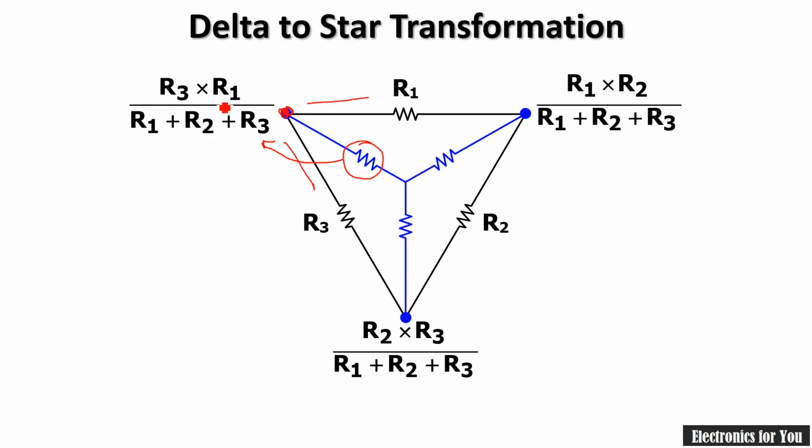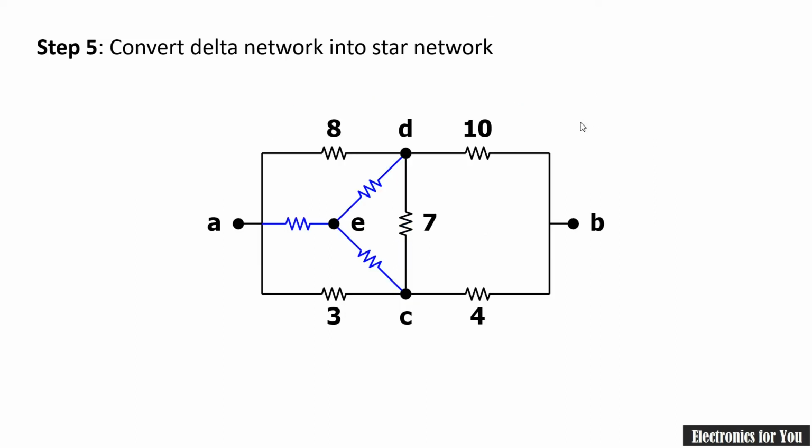So R1 and R3 in multiplication in numerator, divided by the sum of all the resistances in denominator. Here also for this resistance, this node is actually connected to R1 as well as R2. R1 into R2 in numerator divided by R1 plus R2 plus R3 in denominator. The same concept will be used to solve these resistances. So let us solve this resistance first.